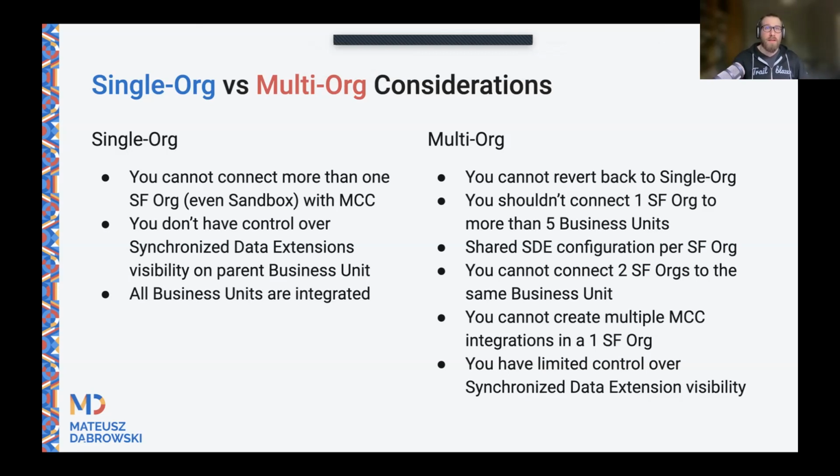Coming back to the slide and multi-org consideration. The last one for now is the risk of having duplicate contacts. Because in the multi-org we'll be connecting to different CRMs, and because the integration is using the contact ID or lead ID as a tool for creating a subscriber key, even if you have exactly the same contact in two different CRMs, like, for example, a full copy sandbox and the production one, those will be created in the Marketing Cloud as duplicates because the ID will be different.